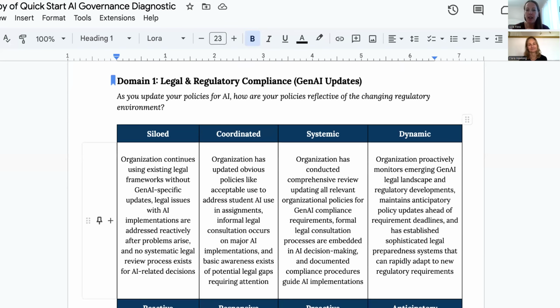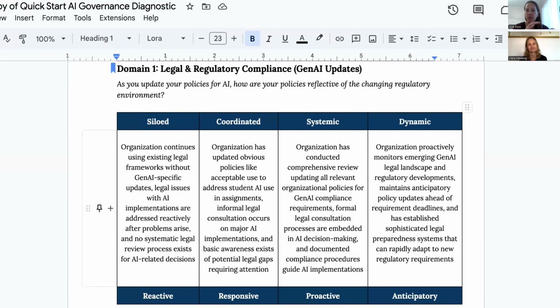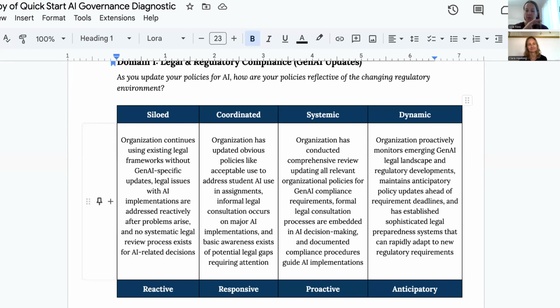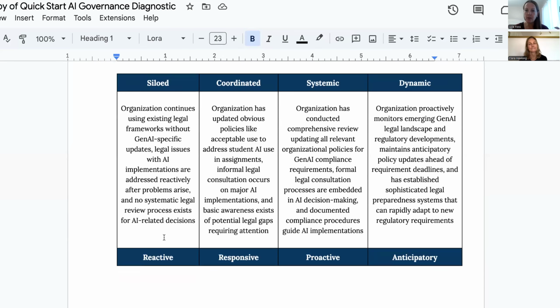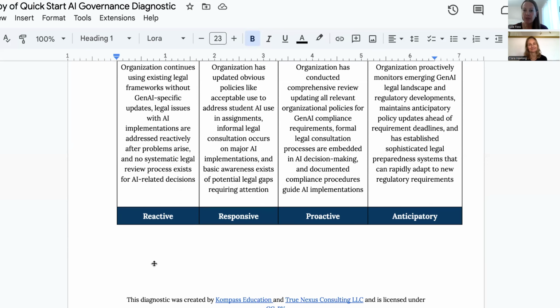We also have you thinking not only in terms of that organizational approach and your response, but also in terms of: are you just reacting to things that are happening? Are you being responsive to things that are happening in real time?